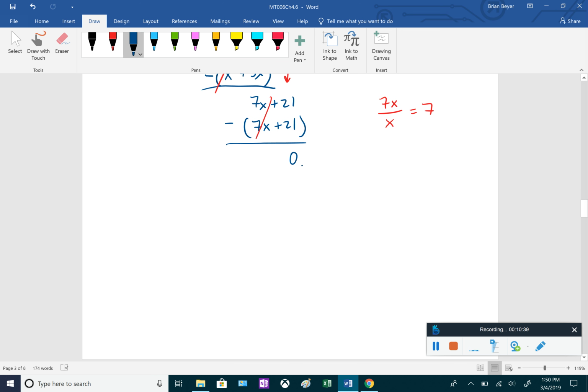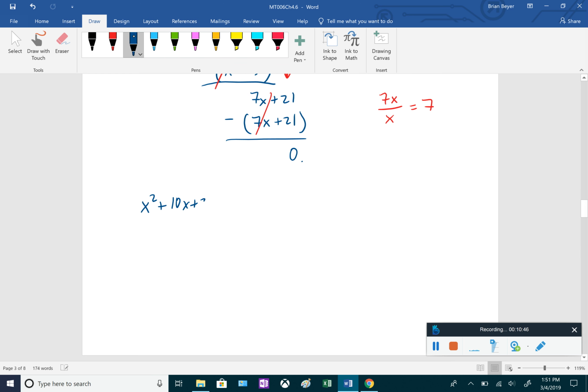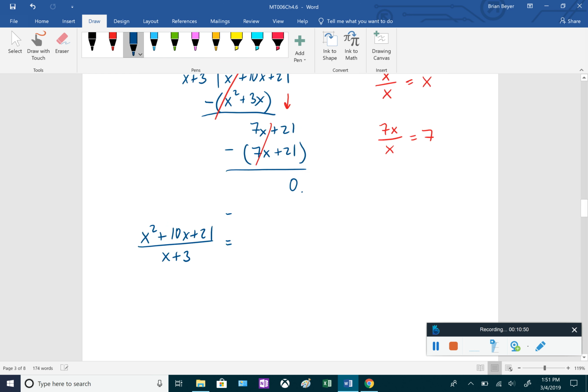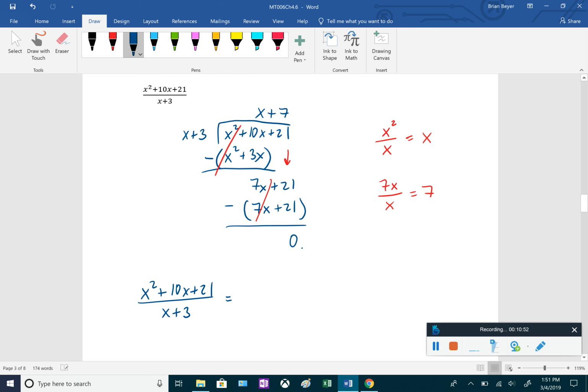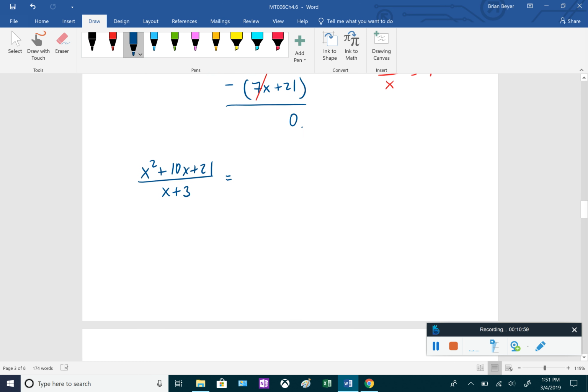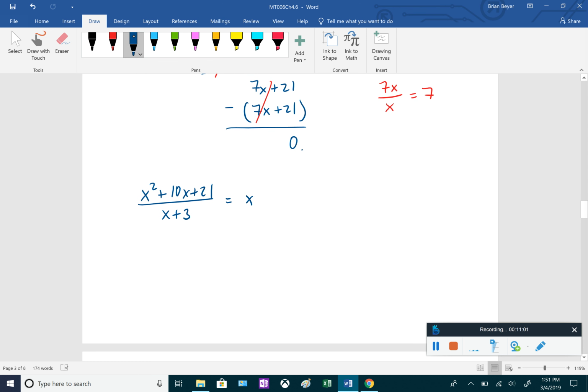Setting this up using the division algorithm, x squared plus 10x plus 21 divided by x plus 3, which was just the original problem, equals the quotient plus the remainder over the divisor. So it's going to equal x plus 7 plus the remainder over the divisor.